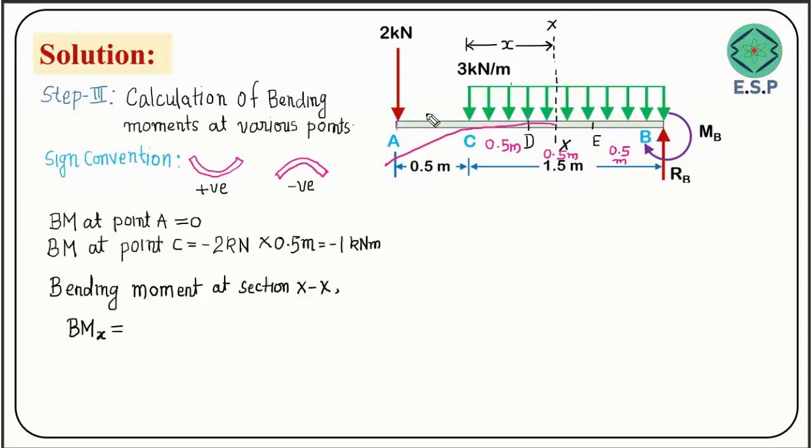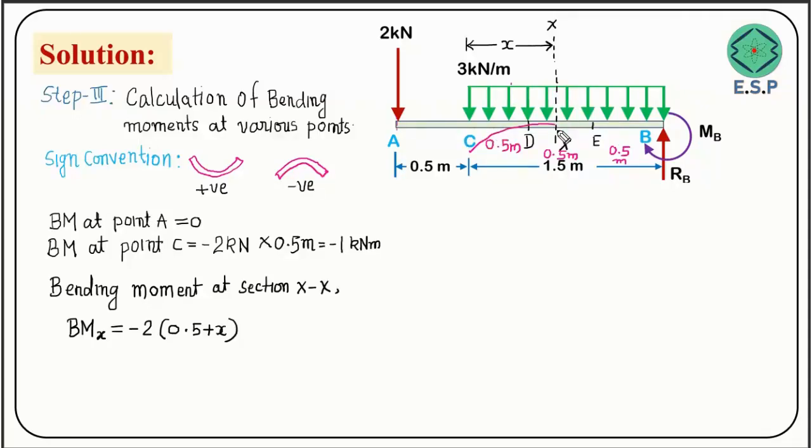So this will be a negative bending moment due to 2 kilonewton, and the distance from here to here will be 0.5 plus x. So the bending moment due to this force will be minus 2 into (0.5 plus x). Now the uniformly distributed load will also cause a bending moment at this section. This will also try to bend your beam in this fashion, which is hogging, friends. But here we have the uniformly distributed load.